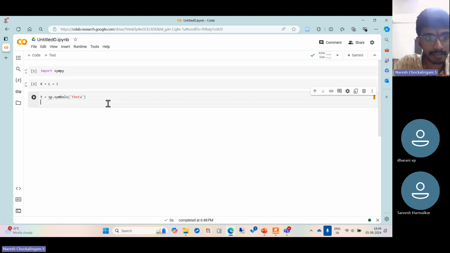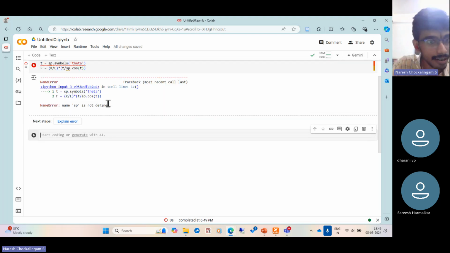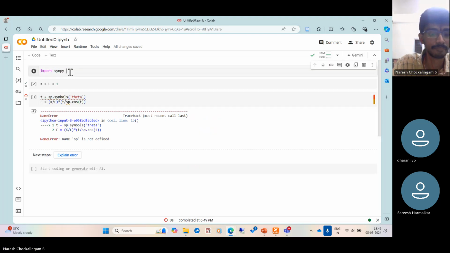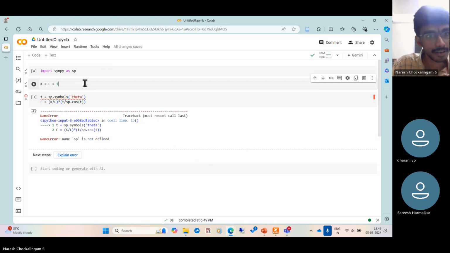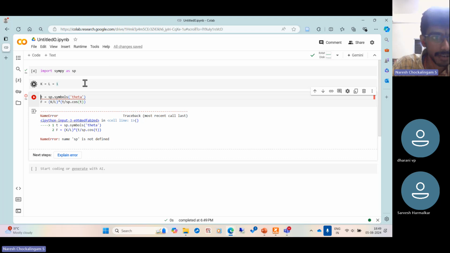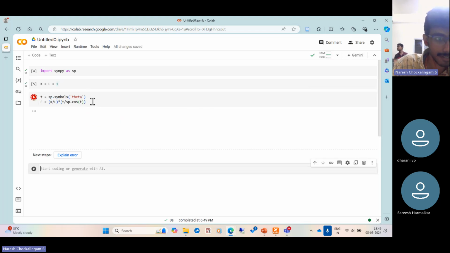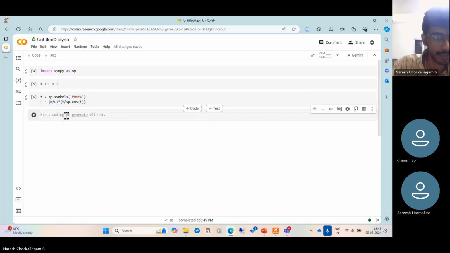And what is the relationship between f and theta? F is equal to k by L times theta by cos theta. Again, cos has to be imported as sp dot cos theta. So you can use this to plot the function f as a function of theta.